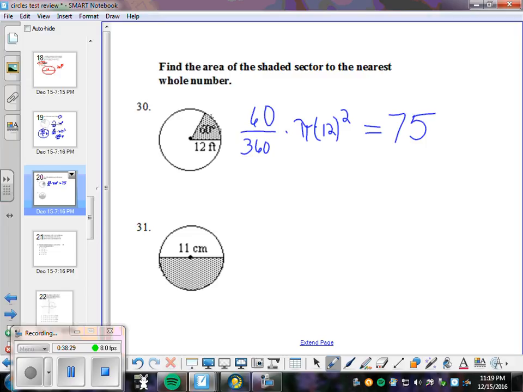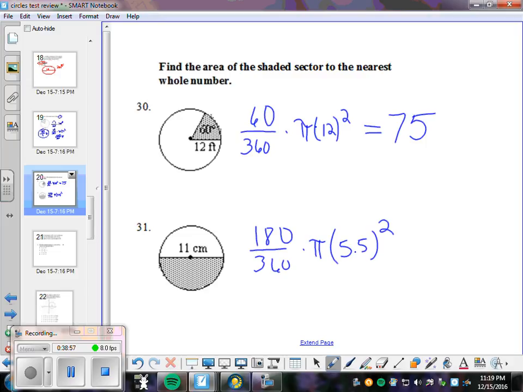Okay, now this is 11, so you've got 180 divided by 360 times pi times 5.5 squared, and that's going to be half of that because 180 over 360 is 1/2.